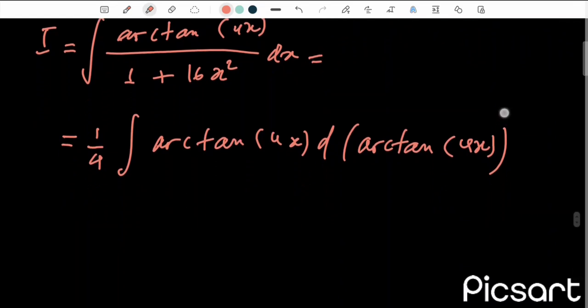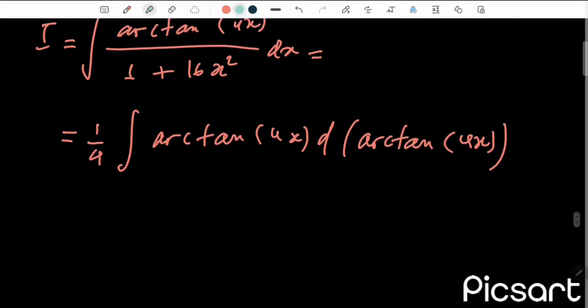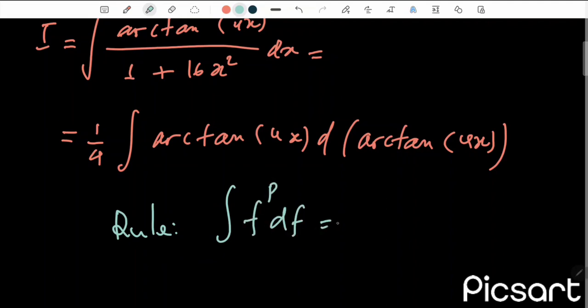And here we can see that we must apply the rule: integral of f to the power p df is equal to 1 over p plus 1 times f to the power p plus 1, plus c.